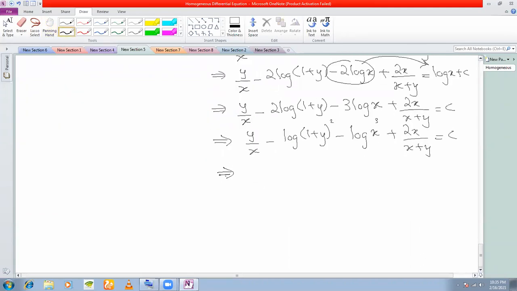That means now you can write this as y by x minus log. See, if you put a bracket here, this will change to a plus sign here, right? So you can change this to plus 1 plus y whole square divided by x cube plus 2x by x plus y is equal to c, where c is an arbitrary constant.